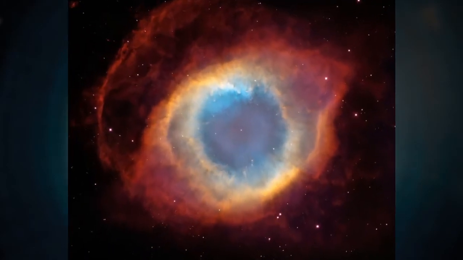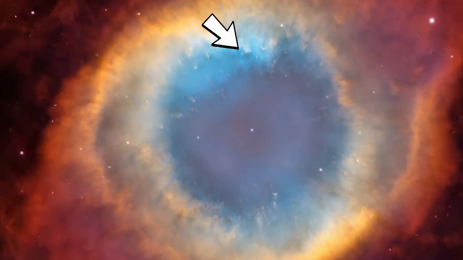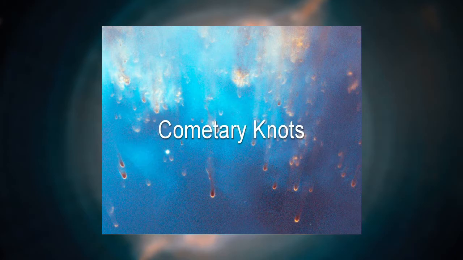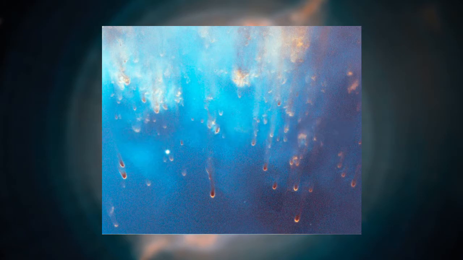If you observe the regions within the outer ring, you can see these weird bubble-like structures forming all around it. They seem to look very similar to Bok globules actually, but in fact these are known as cometary knots, and they are very prevalent not only in the Helix Nebula, but they appear in other nebulae as well.